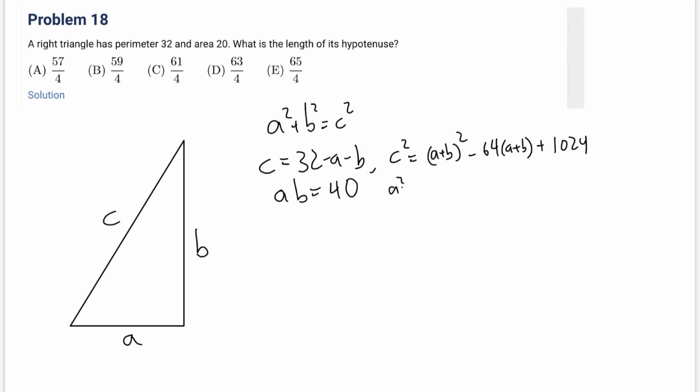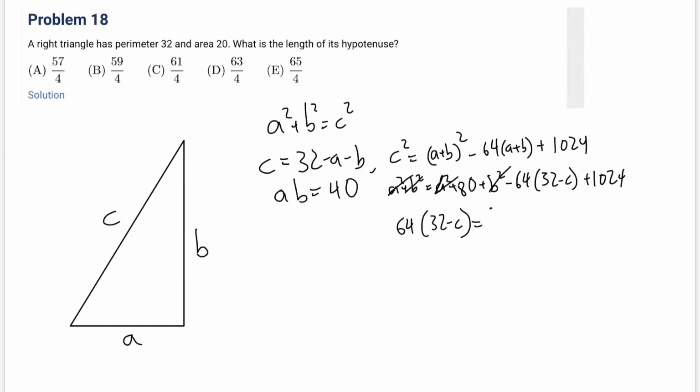And a squared plus b squared equals a squared plus 2ab, which is 80, plus b squared, minus 64 times (a plus b), which is 32 minus c, plus 1024. If we take out these terms, 64 times (32 minus c) will equal 80 plus 1024, so it's 1124. No, it's 1104.